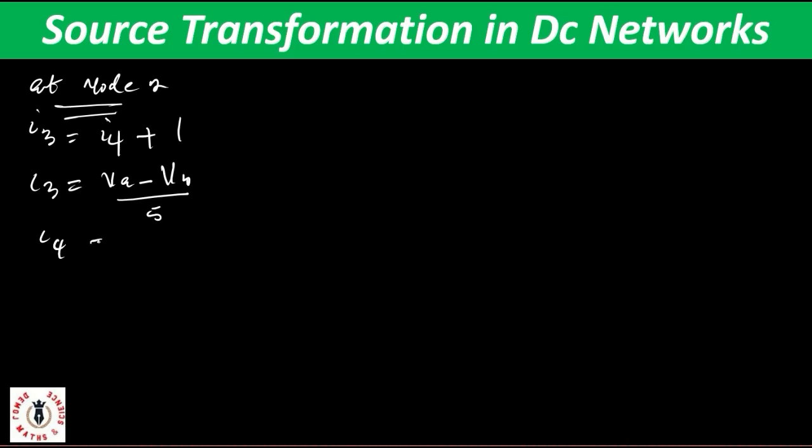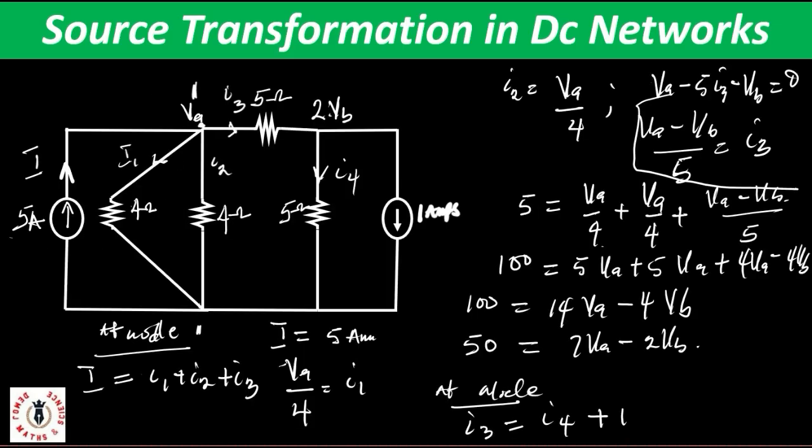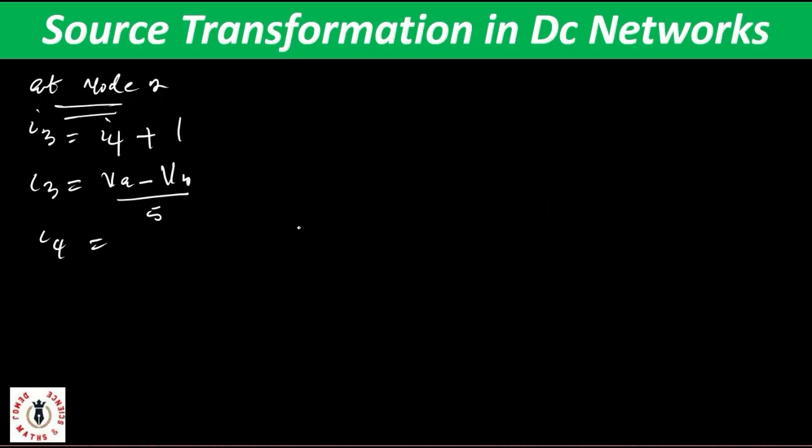Then I4 is the same thing as VB over 5. Here is I4, and it's just between VB and the reference node. So that's VB over 5. Let's substitute. In place of I3, I have VA minus VB over 5 equals VB over 5 plus 1.